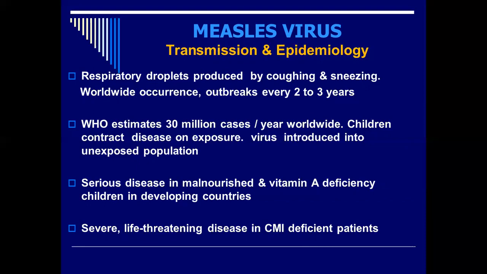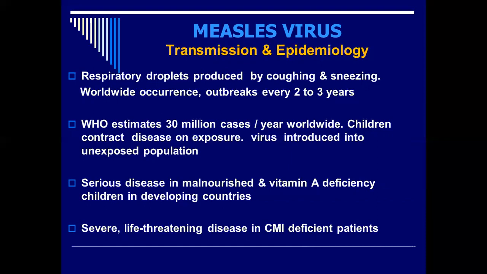Children contract this disease on exposure, and the virus is introduced into the unexposed population every year. So the virus is present, it is sporadic, it is prevalent in the environment, and when individuals come into contact, particularly children, they get this infection.